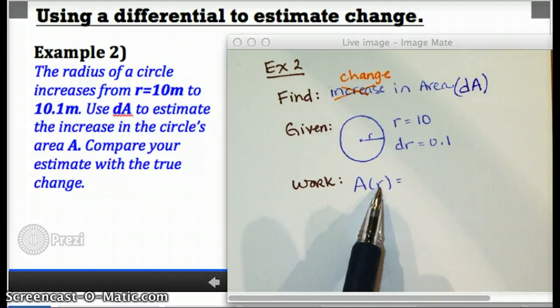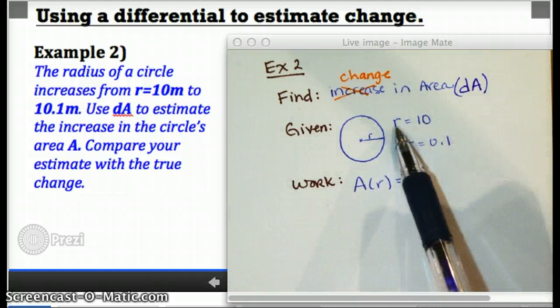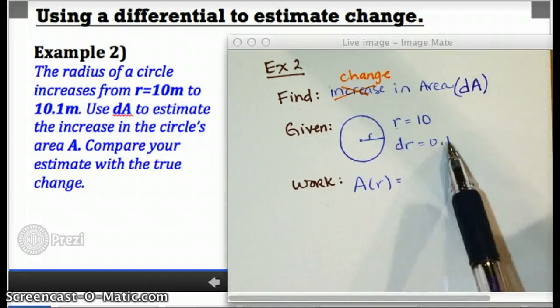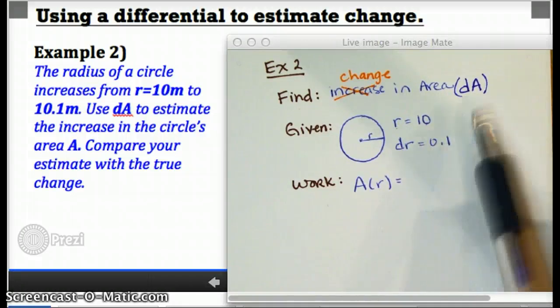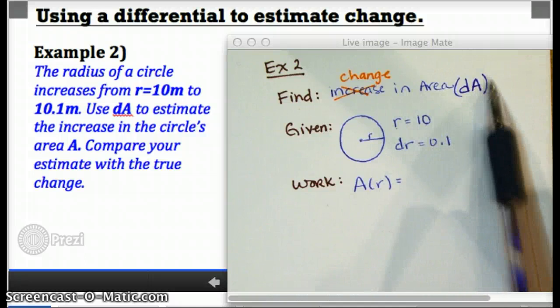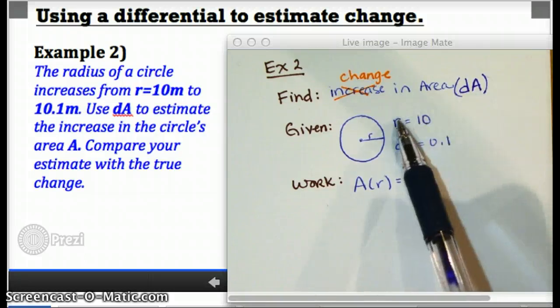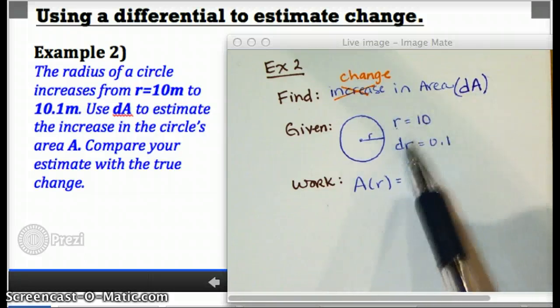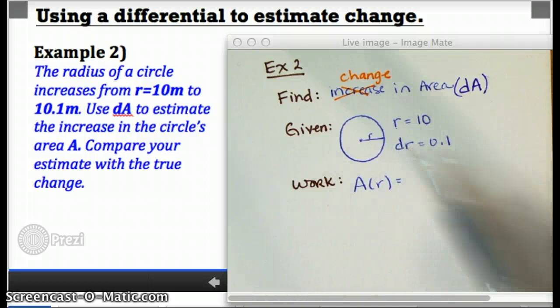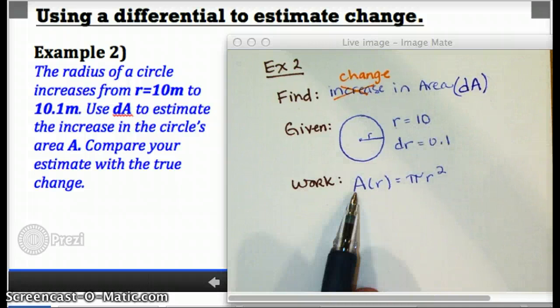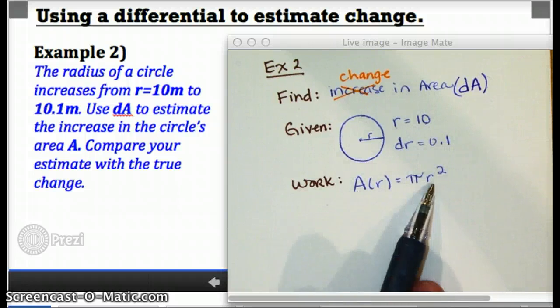I was clued into that because we know the radius and the dr. And if you remember, when we're doing differentials, this differential depends on both x and dx, so I'm kind of thinking that radius is going to be the input. It also helps that I know the equation for the area of a circle, which is pi r squared, and that's just an easy formula, or in this case we're thinking of it as a function, to start with.